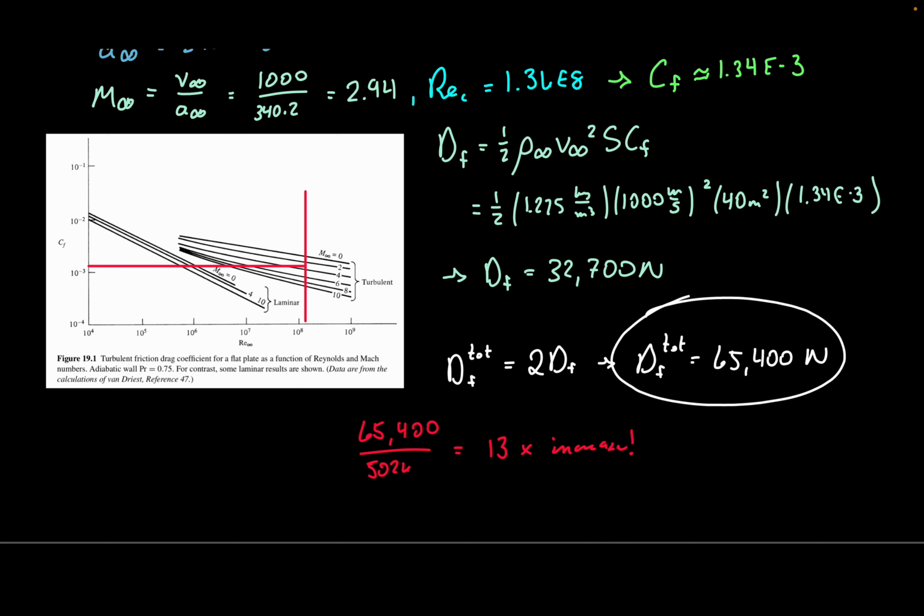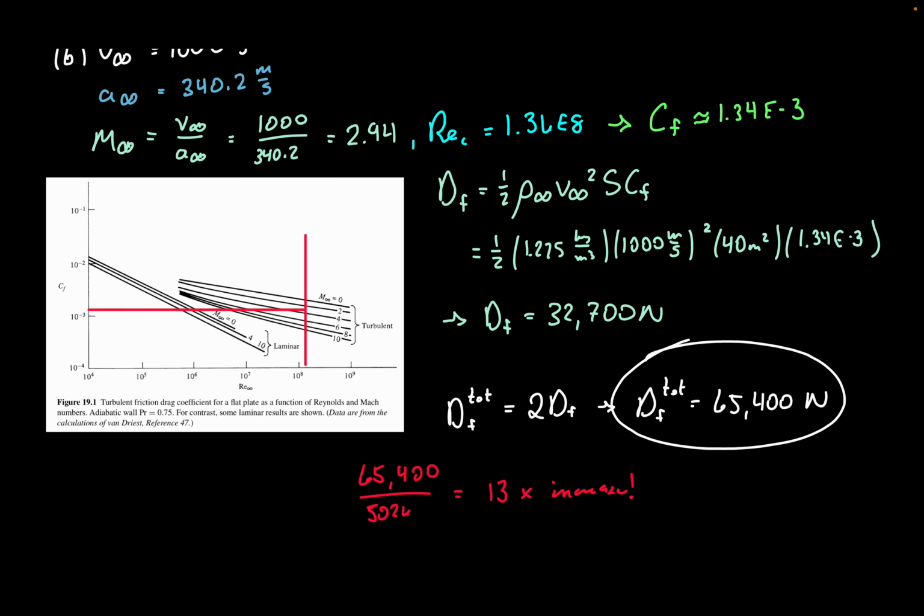I really like this example because it's a good way to not only relate incompressible and compressible flow, but also to show the difference in just your friction drag alone from having either laminar or turbulent flow. With turbulent flow, you have all those viscous effects and then added drag.